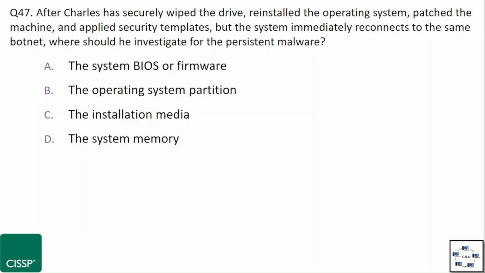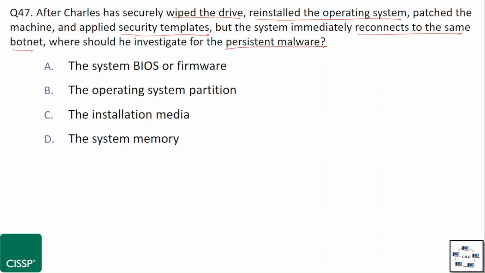After Charles has securely wiped the drive, reinstalled the operating system, patched the machine and applied security templates, the system immediately reconnects to the same botnet. Where should he investigate for the persistent malware?